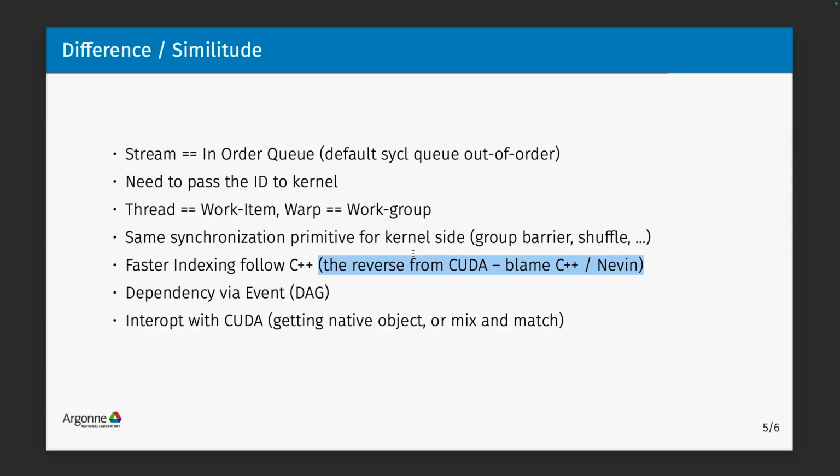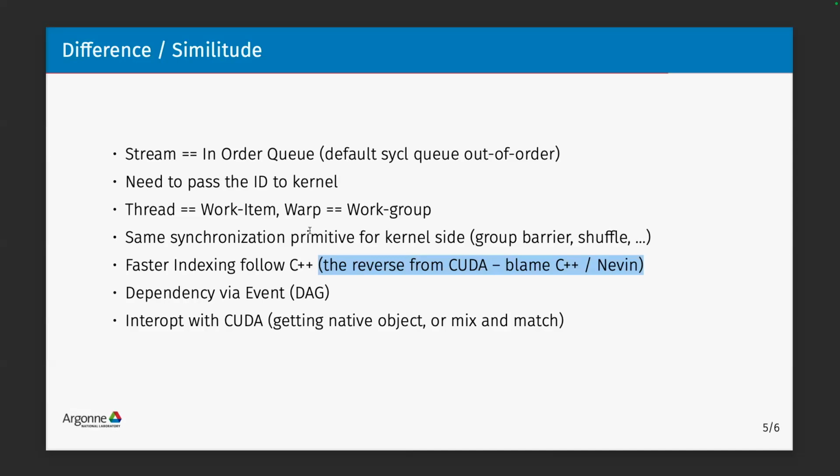SYCL tried really to be close to C++, so this is why we chose to follow the indexing of C++. For reasons I don't know, it is reversed compared to CUDA. So please, for this one, don't blame us. Blame C++. I don't know if Nevin is our representative to the C++ committee. So blame him. It's not our fault.